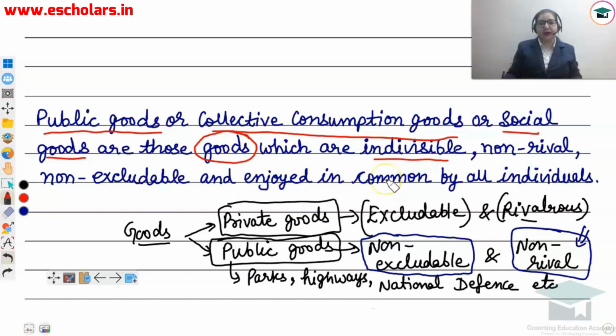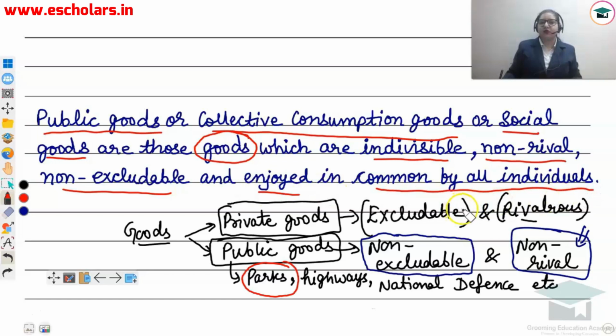A public good is not divided into parts and then provided to the people, right? It is provided collectively and common to all the people living in the society. For example, parks.